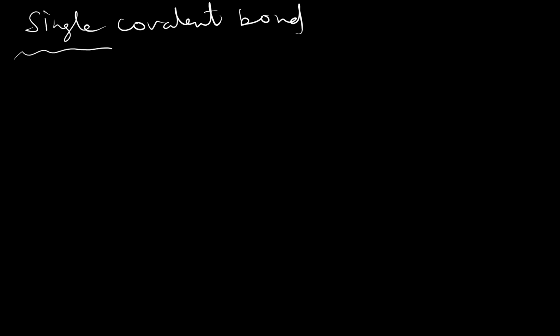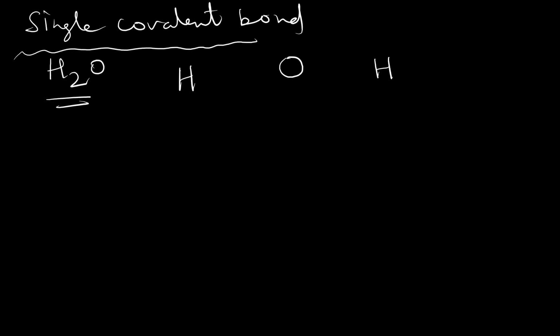A simple example is, for example, a polynuclear molecule, or polyatomic molecule, which contains more than two elements. So in this case, oxygen is the central atom and hydrogen is surrounding the oxygen atom.